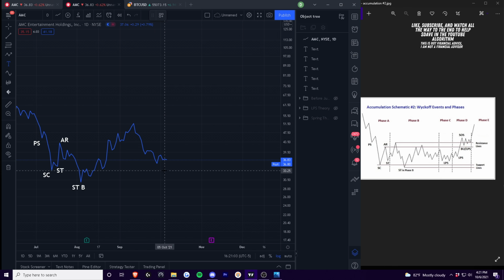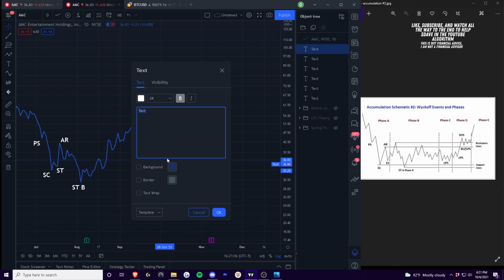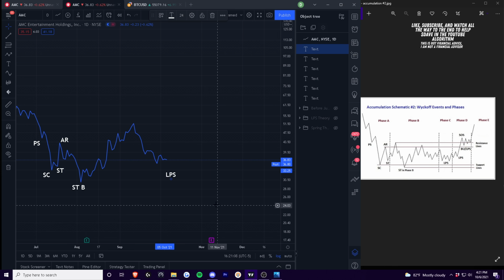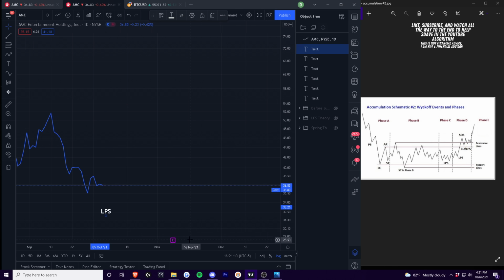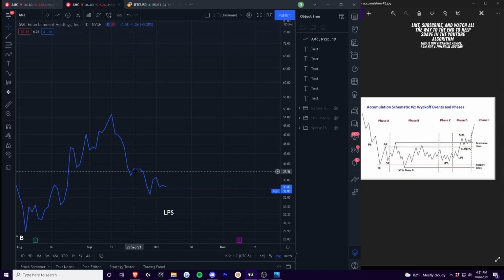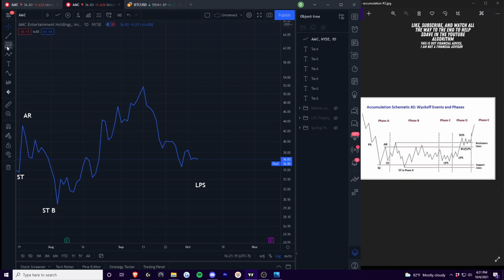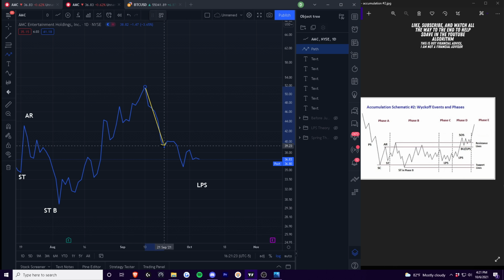But essentially, some of the questions that I'm asking myself are, this move kind of reminds me of the secondary peak phase that you see in phase B, which is coming off of this high point.